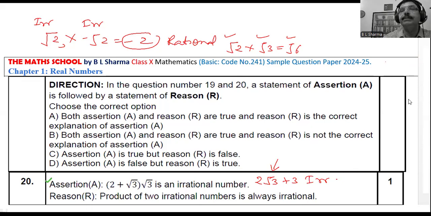This assertion is correct, but reason is not correct. So what can be our answer? So our answer is the C. Assertion A is true, but reason R is false.